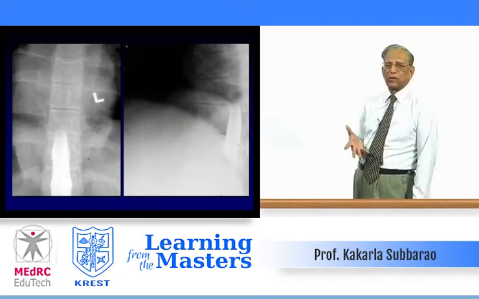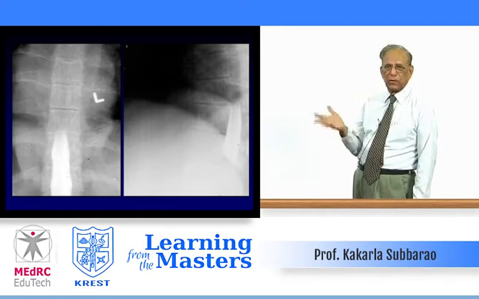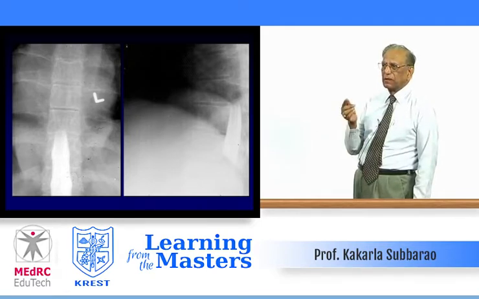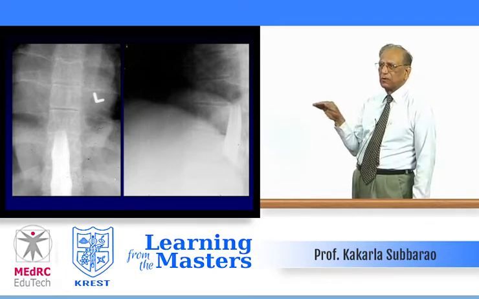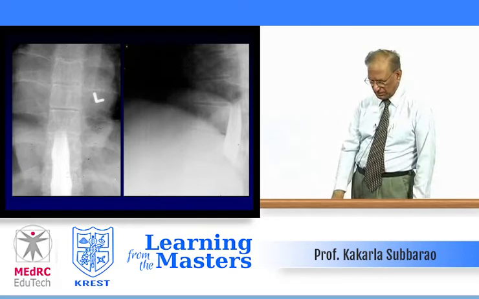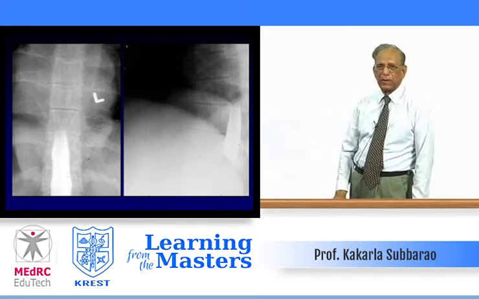The patient had neurological symptoms, so they did a myelogram in those days. Now, today myelogram is very, very rarely done because of the MRI. And if you see, there is an obstruction to the flow of the contrast at the level of D11. That means whatever the mass is, it's extending into the spinal canal.